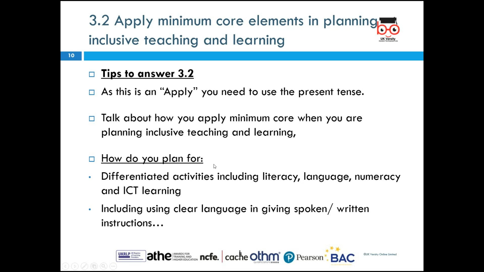And then just talk about how you plan for differentiated activities. How do you include your minimum core within it? Things like making sure that you're using clear language to promote language and literacy, that you're giving spoken instructions and written instructions, that you're embedding numeracy when you're doing certain tasks.